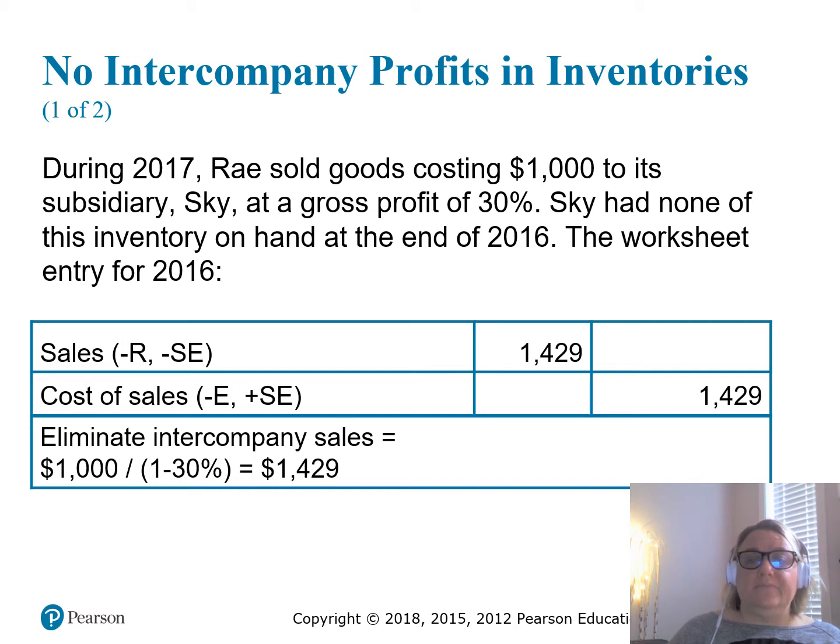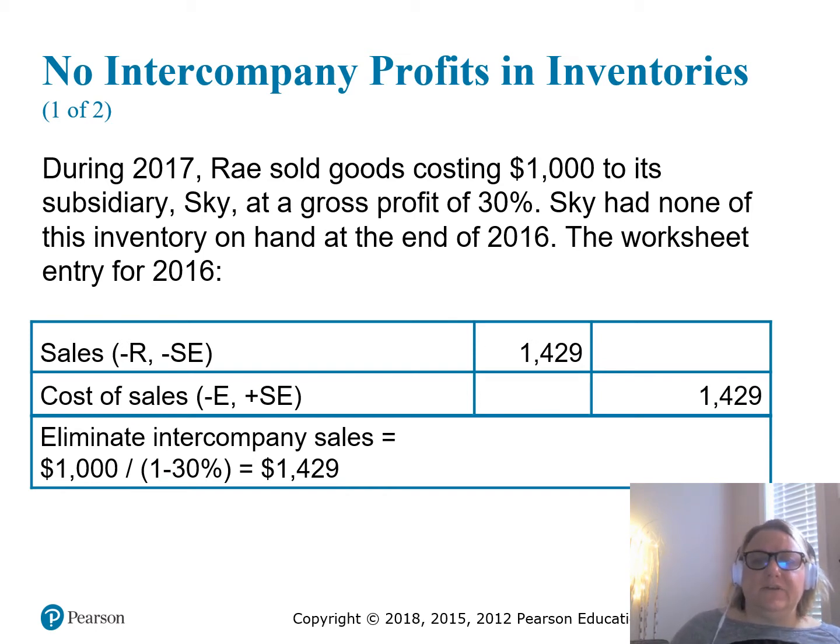All right. So the first thing you have to do for the intercompany sales is figure out the amount of sales, the actual selling price, by dividing by 1 minus 30%.